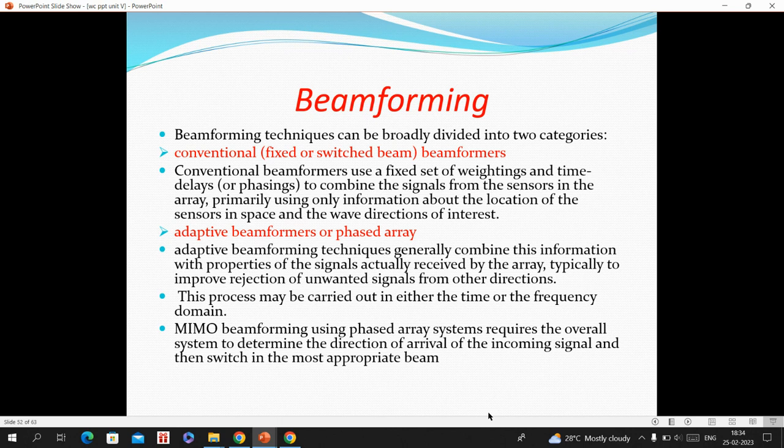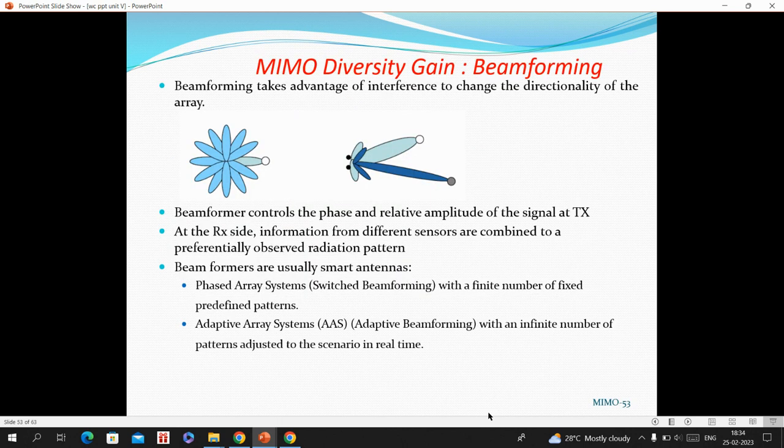Beamforming can also be classified as analog beamforming and digital beamforming. If the precoding is done at the final stage, after amplification and before transmitting into the antenna, then it is called analog beamforming.